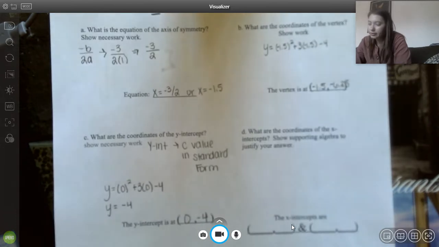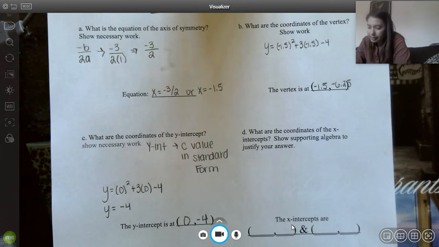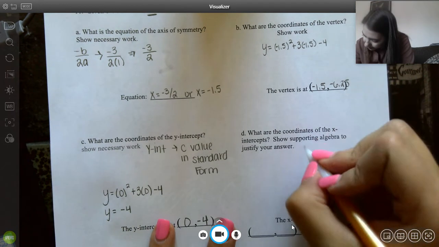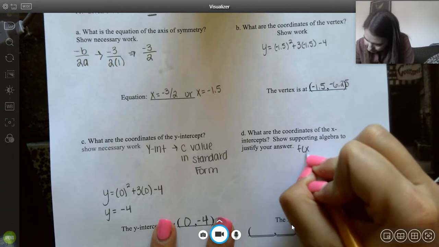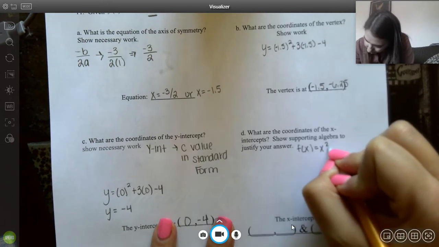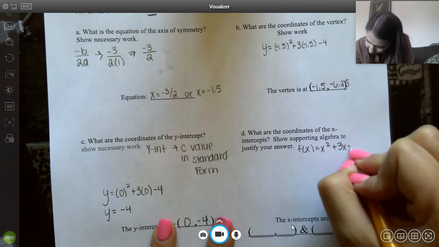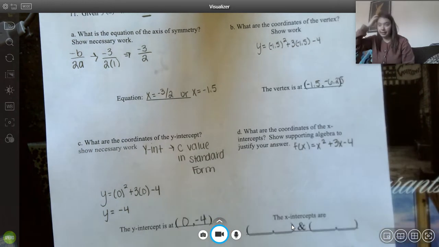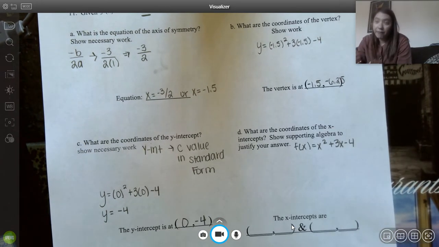Part D asks us for the coordinates of the x-intercepts. Show supporting algebra to justify your answer. Well, if we have the function f of x is equal to x squared plus 3x minus 4, we could use a plethora of methods. We could use factoring. We could use the quadratic formula.